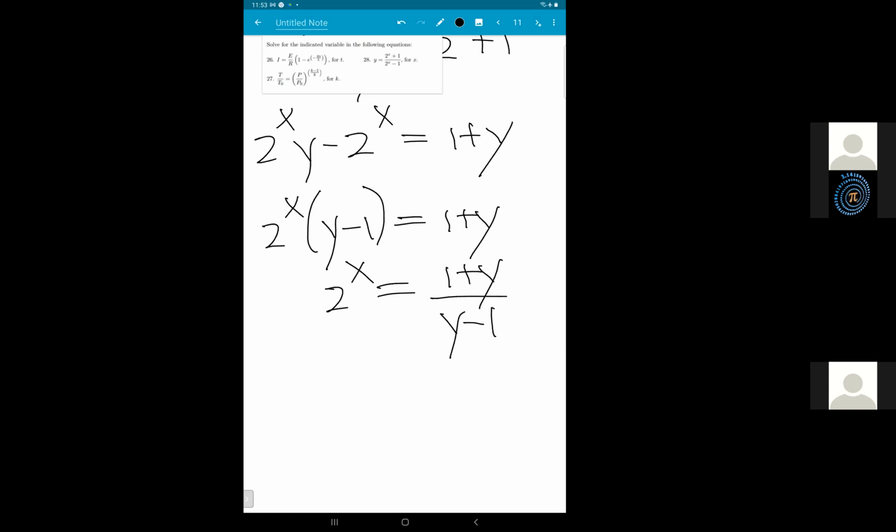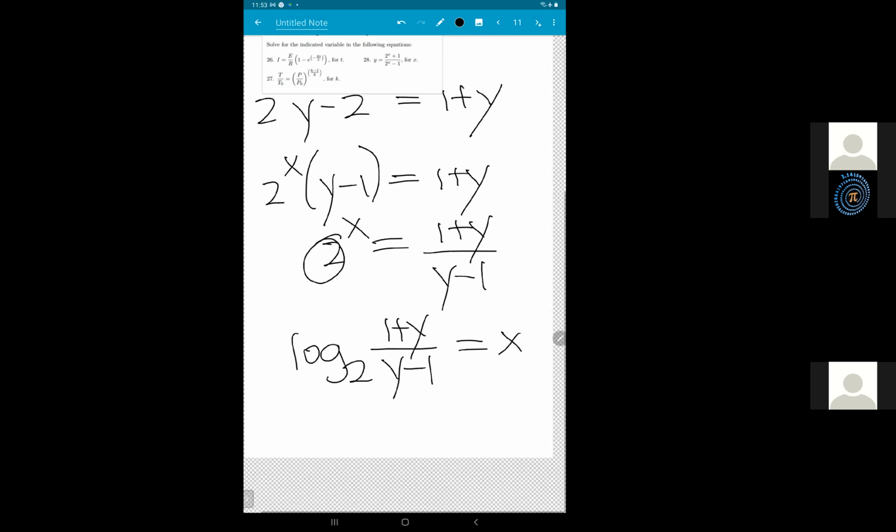Nasa exponential form siya. Ano yung base natin? Base 2. Ano yung input? Ito. Ano yung output? Ito. So pagpalitin lang natin yung input tsaka output, logarithm base 2 tayo. Ito ngayon ang input. So yung output x. And you're done.